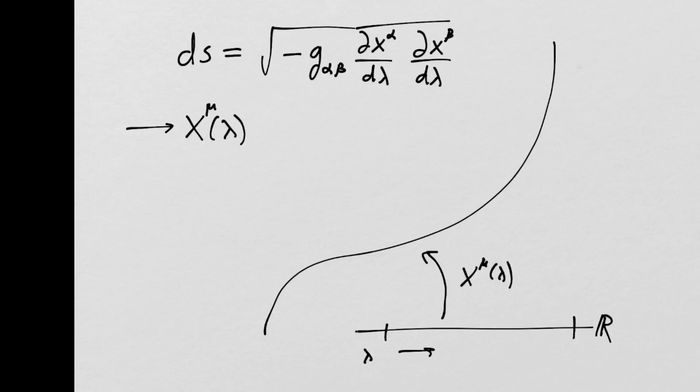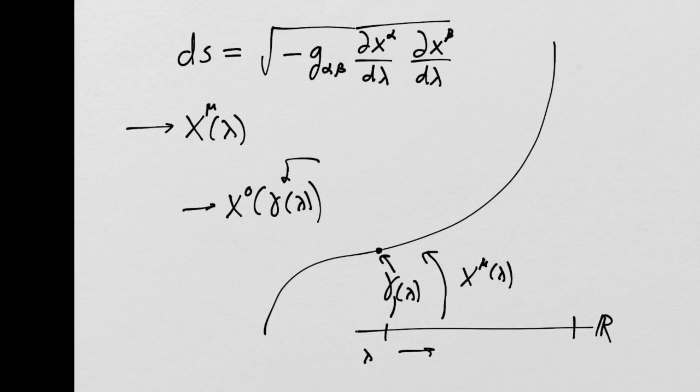Sometimes this confuses people when you've been working in the more abstract and strictly mathematical versions of relativity, because you understand the x mu should be a coordinate function, and this map should be called something else. And we've done that before, right? We've called this map gamma of lambda, and then the actual, say, I coordinate, or say the 0th coordinate of the point at gamma of lambda would be x0 of gamma of lambda, right? And this is the coordinate function that just pulls out the first coordinate of this guy.